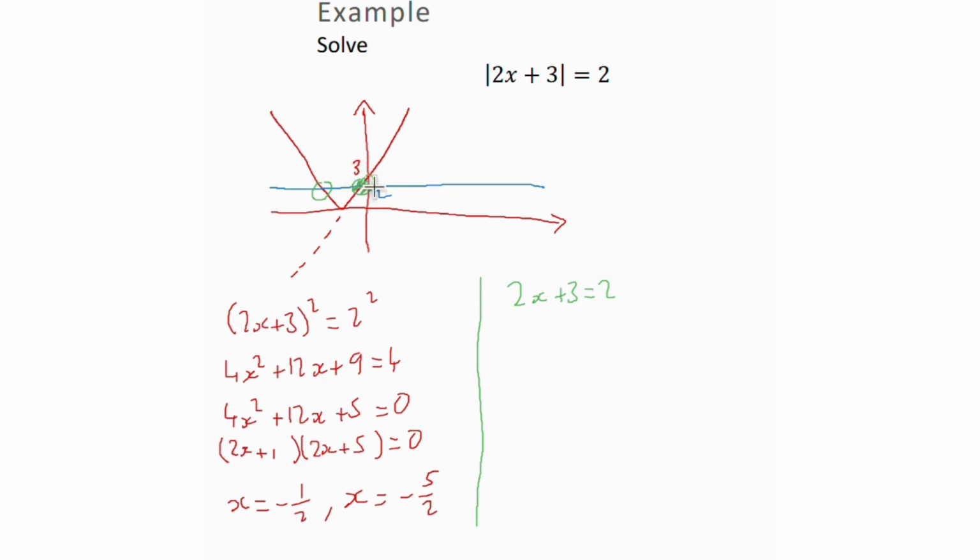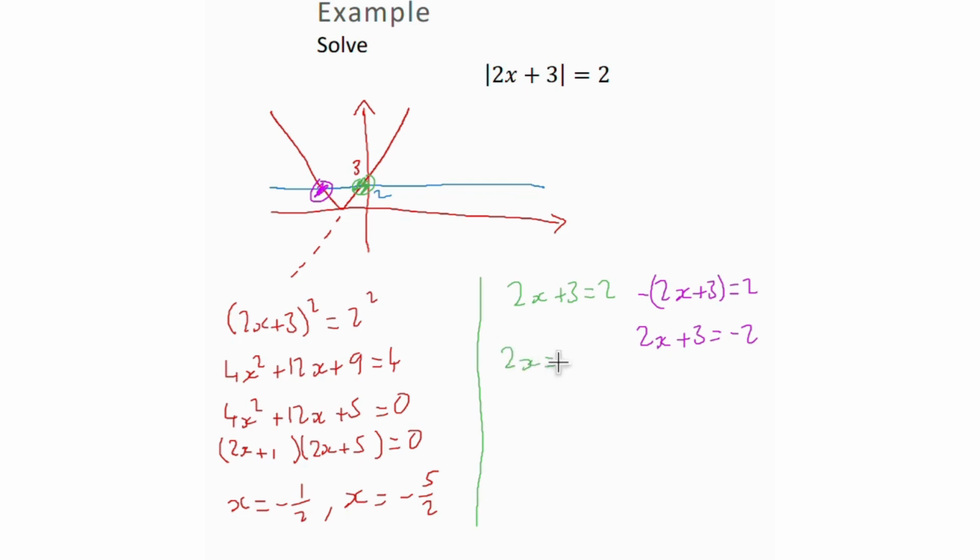It's also the same as solving when minus 2x plus 3, that's this one here, is equal to 2. That's this point of intersection here. Or, generally speaking, we would write this as 2x plus 3 equals minus 2. Either of those are saying the same thing.